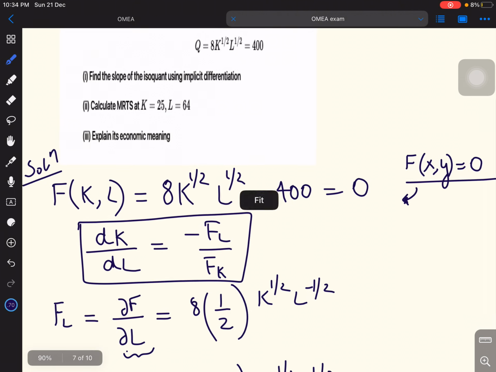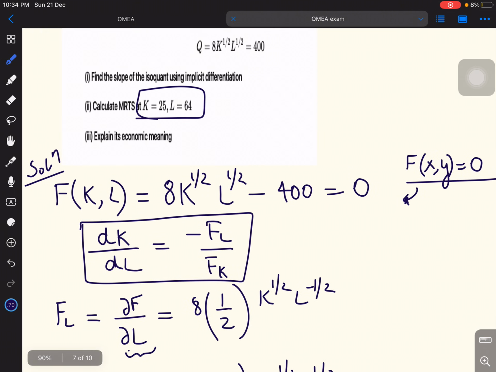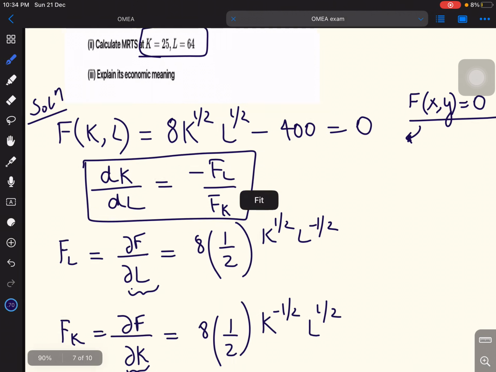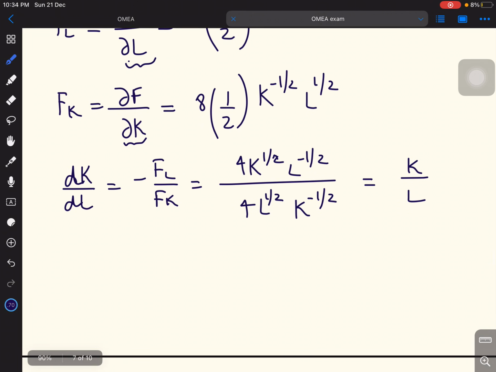We have been given the values also of capital and labor. So putting in the values, we are getting 25 by 64, which is equivalent to 0.39.